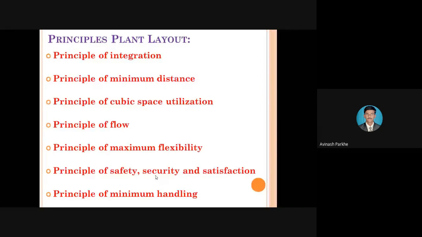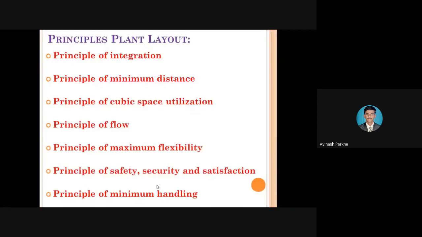Sometimes in the industry, the current layout is designed, but whenever I have to go for modifications, I have to change the location of all the machines. The total plant layout I have to change. In that case, the change will take place, but the cost and time required is very, very high.